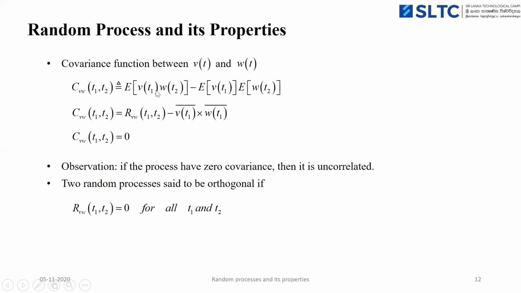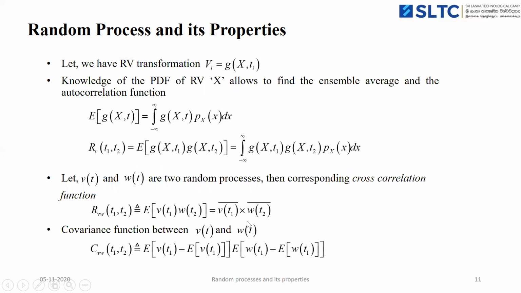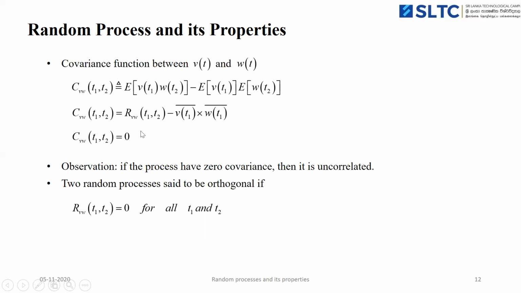So we can replace the first term by R vw of t1 comma t2 minus v of t1 bar w of t2 bar. But this cross correlation we already found: it is v of t1 bar into w of t2 bar. You substitute here, so it becomes 0, which means the two random processes have zero covariance, meaning both are uncorrelated to each other.